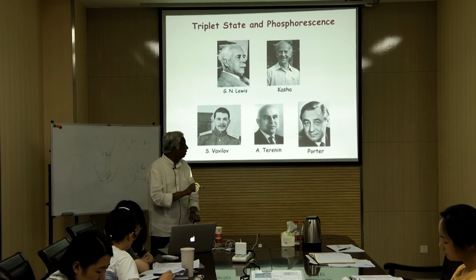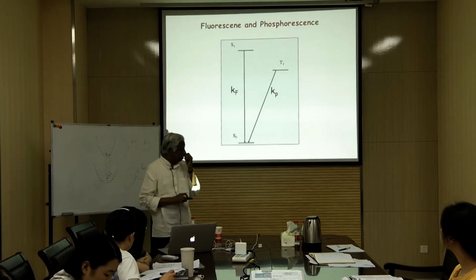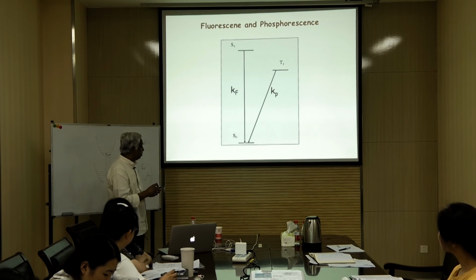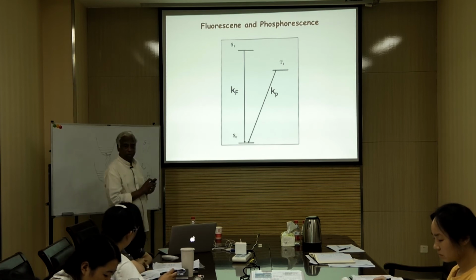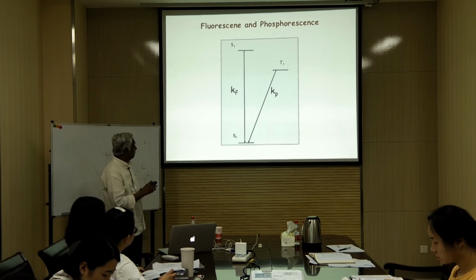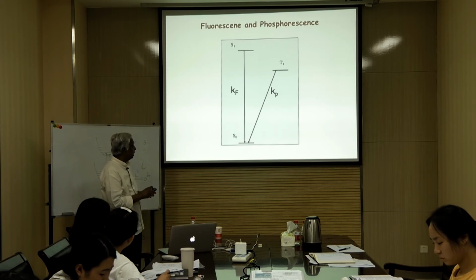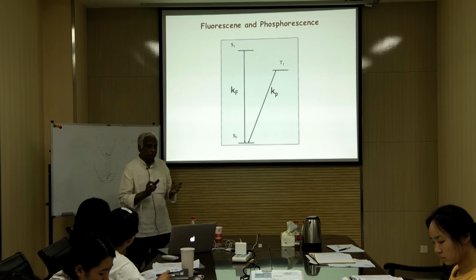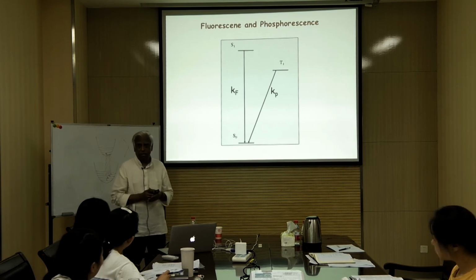Okay. Now, basically what will happen is you put a molecule, you know how to take a molecule from the ground state to the excited singlet state. That is possible. And once it goes there, it will come back down. Then it is called fluorescence. But taking a molecule from here to the triplet is not possible, because that transition is a forbidden transition.